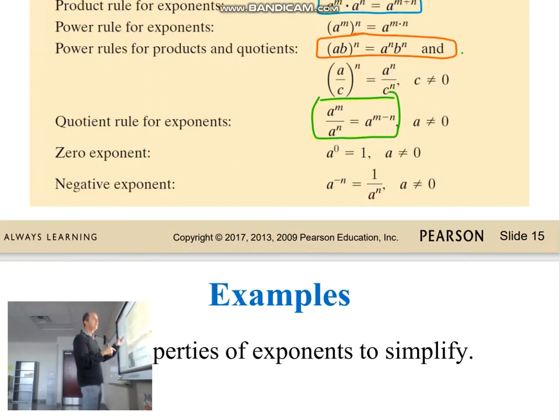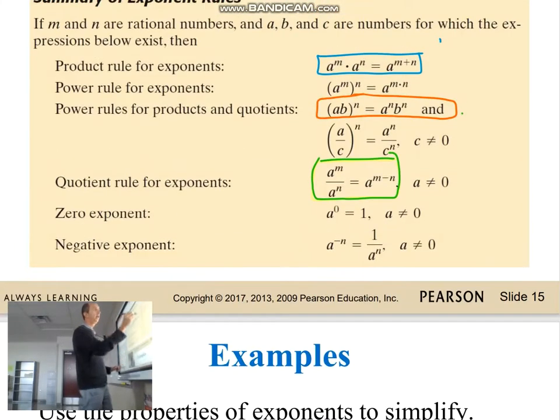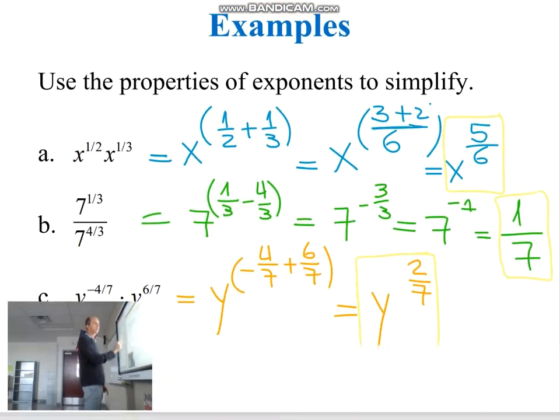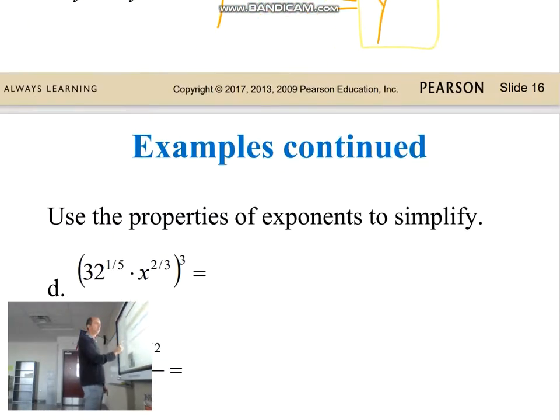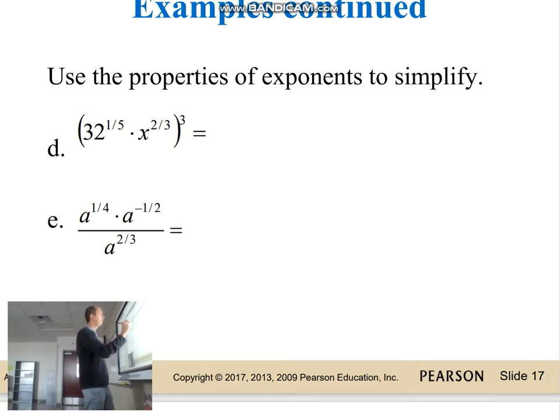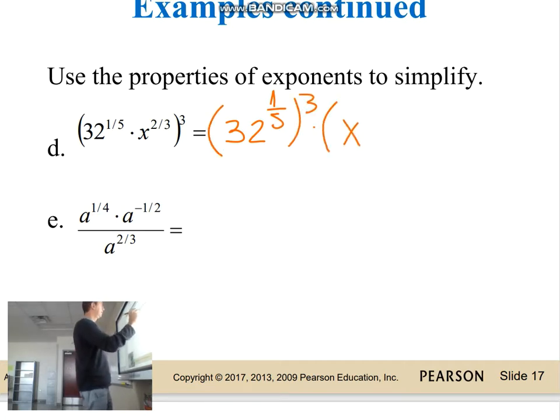We will multiply this n by each one of the exponents for each factor. So we have 32 exponent 1 over 5, exponent 3, times x exponent 2 over 3, exponent 3.